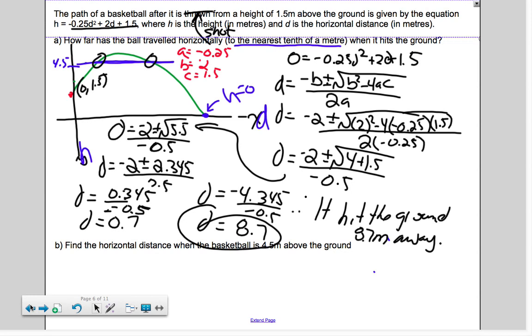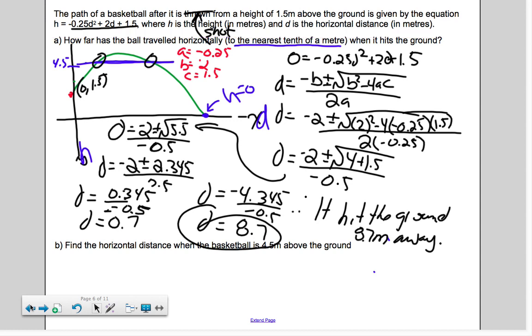Would you recommend just starting off using the quadratic formula and not trying to factor or complete the square, because one of them doesn't work and then you just replace it? For this, if it says something again, nearest tenth, just go with the quadratic formula, right? Sometimes you get to a word problem where you can see that it's easily factorable.